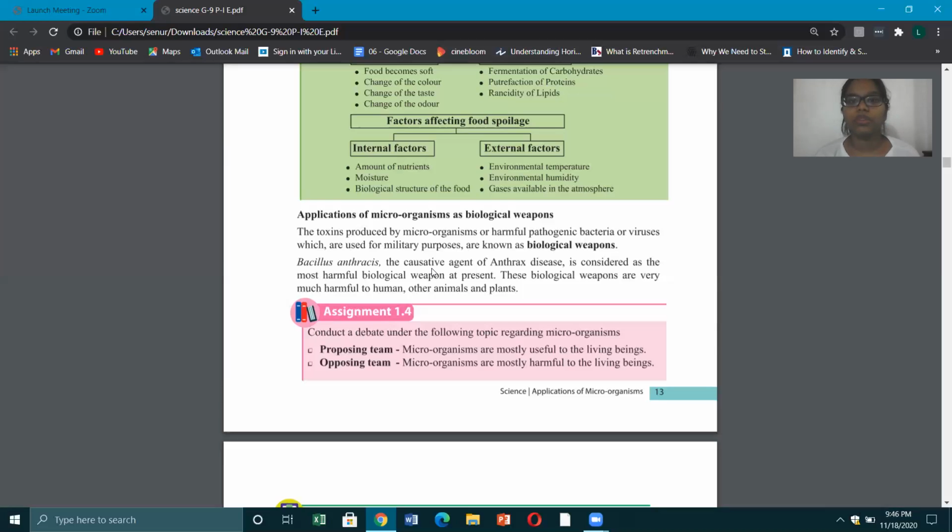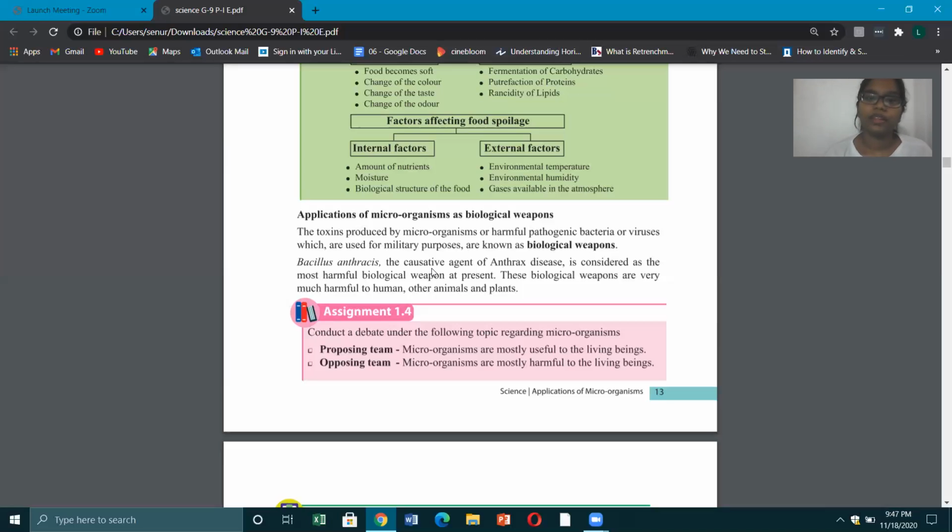So the microorganism which causes anthrax disease, Bacillus anthracis, is known as the most harmful biological weapon for now.